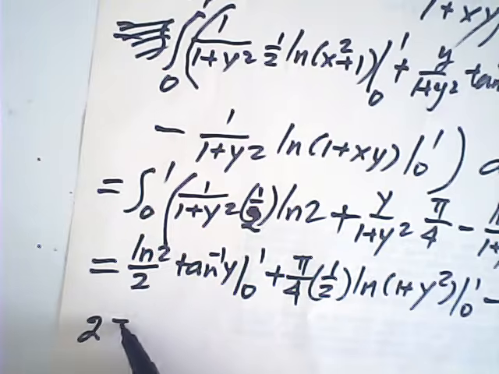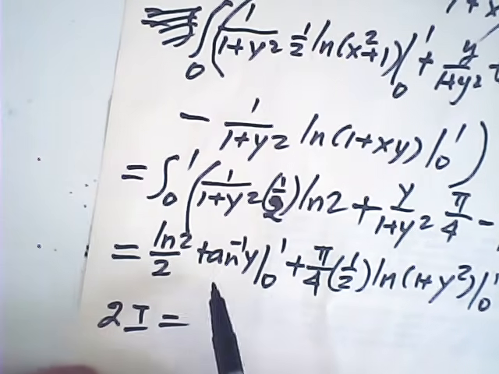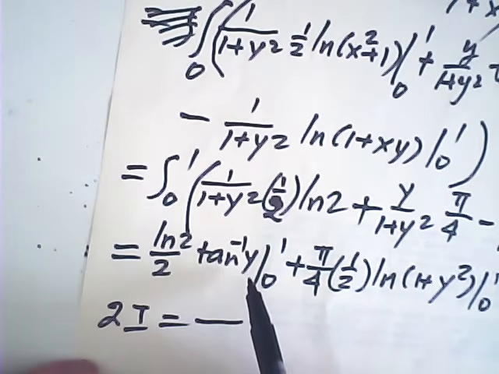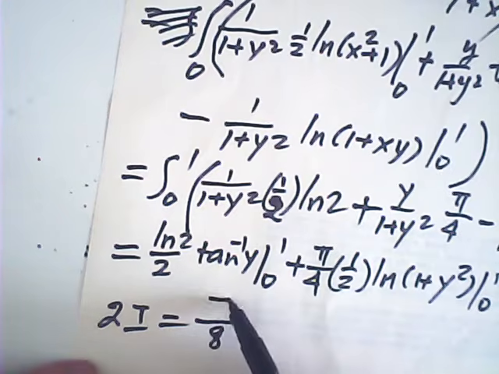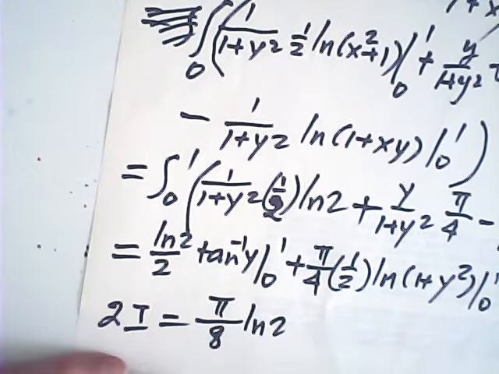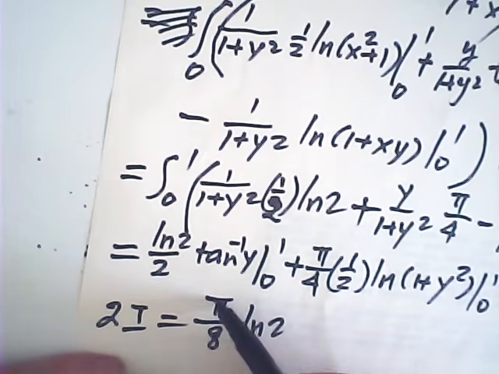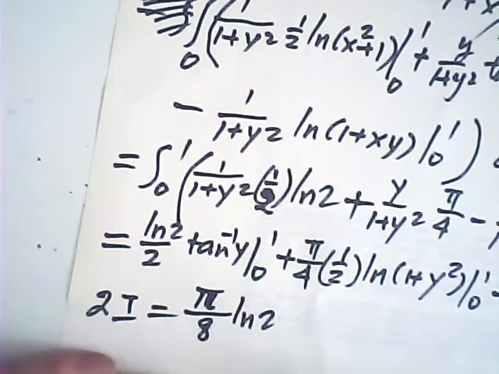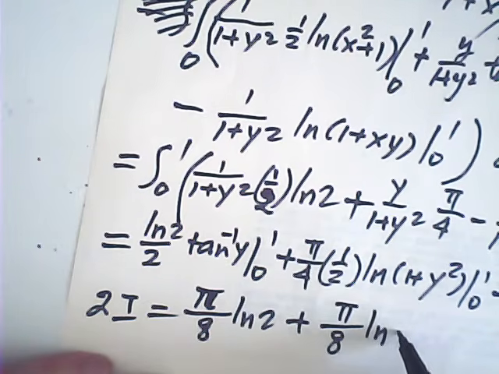my 2I is equal to, this would be quarter pi, right? This 1/8 pi log 2, and this one is log 2, so 1/8 pi plus 1/8 pi log 2.